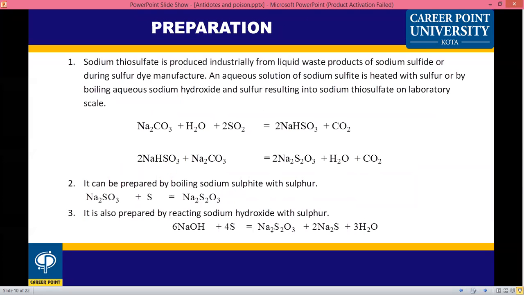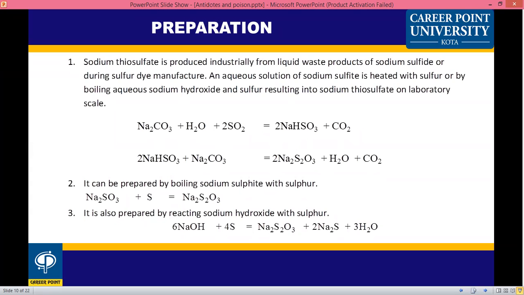These are the properties of sodium thiosulfate. Our next topic is how to prepare sodium thiosulfate. Different methods are used for its preparation. The first method: if sodium sulfide is boiled with sulfur, sodium thiosulfate is formed.